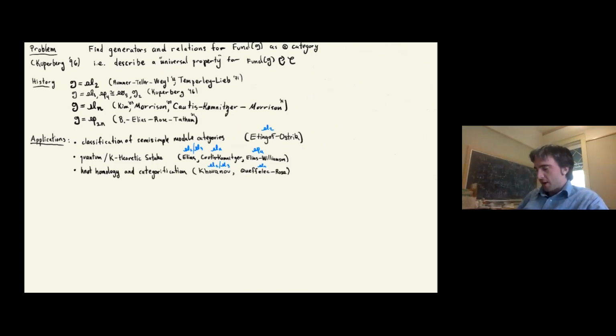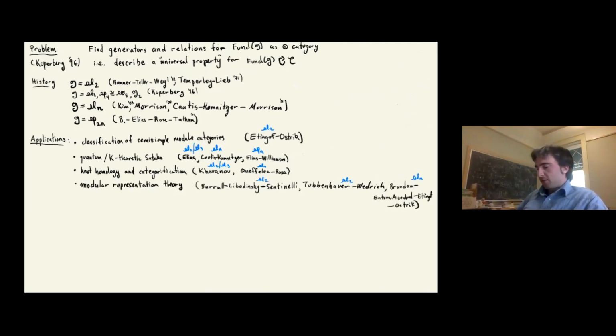As Melissa was just talking about, on homology and categorification, this is where Khovanov got the idea for Khovanov homology, more or less: you have some description of the category of representations for SL2 or for SL3, and he was able to describe SL2 and SL3 homology. And then that approach using generators and relations for foams was generalized to SLN by Queffelec and Rose.